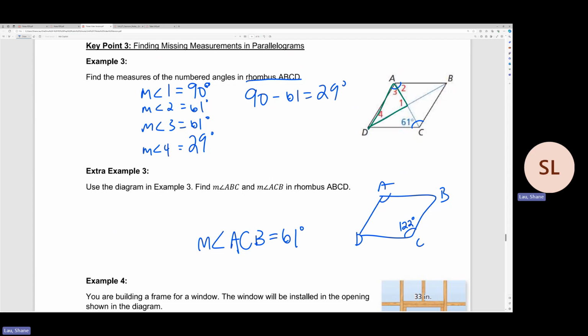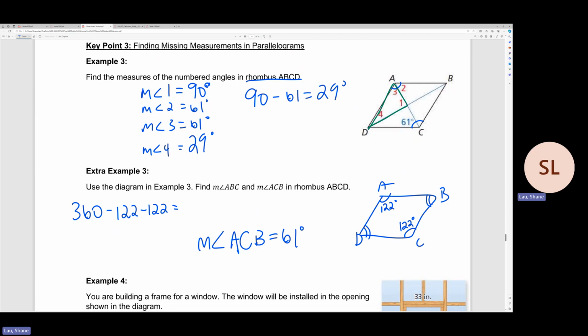I know this is 122. I know that the opposite angle is equal, so this is also 122. And then I also know that D and B are going to be congruent. Well, I take 360 and subtract 122 and 122, and I figure out what that is.